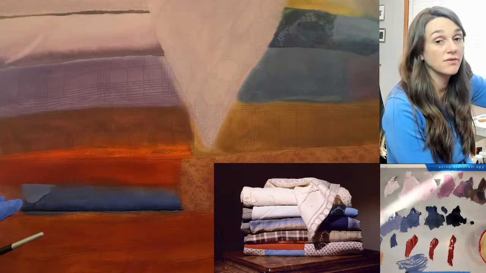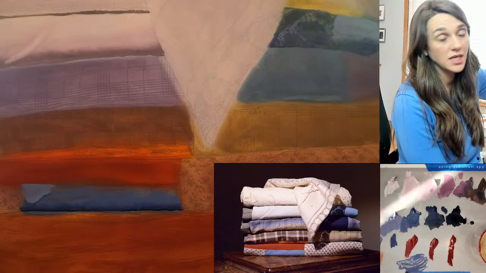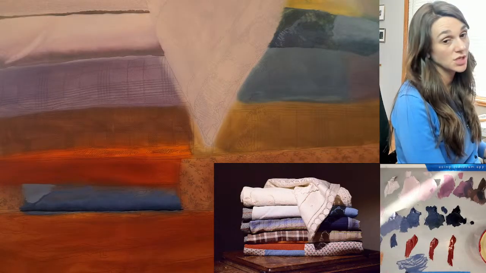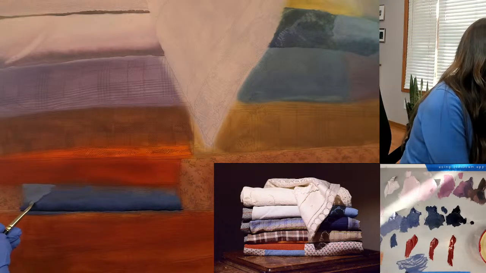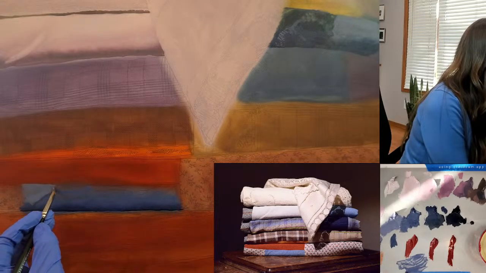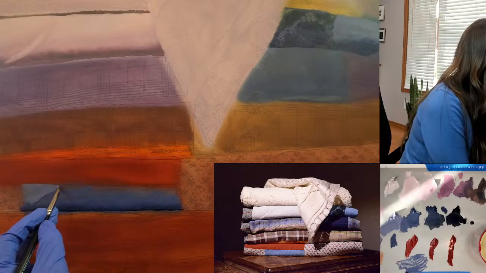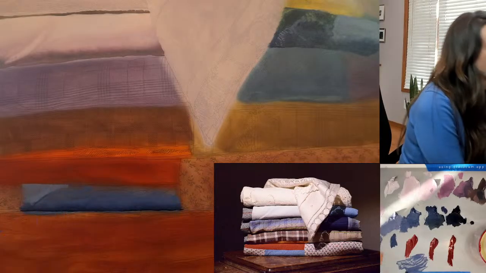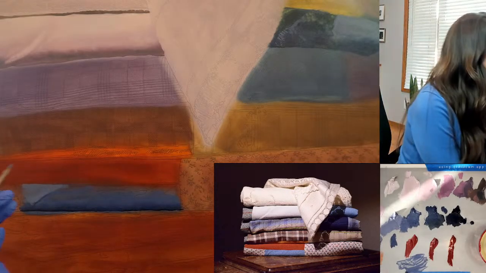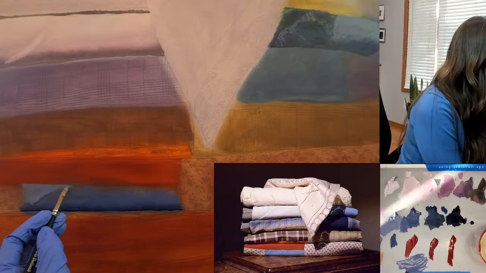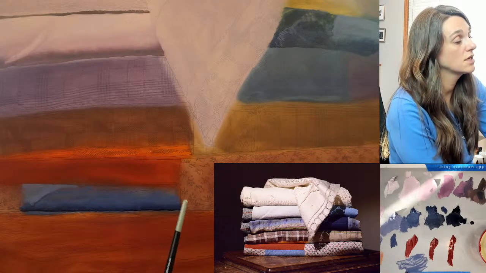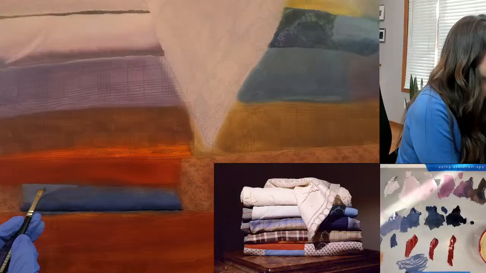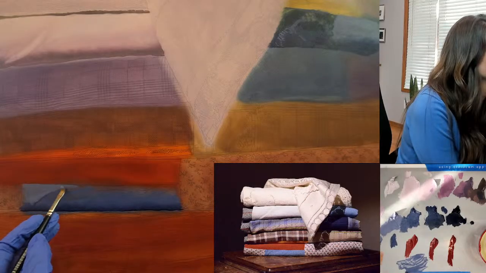I can play around with the density of the paint to create some interesting shapes as well. I don't always necessarily have to rely on color alone. I can also play around with the density because I have an underpainting, because I have something underneath there. And that's going to change the value slightly. It's going to darken it because this is darker. The more transparent paint is going to appear darker.